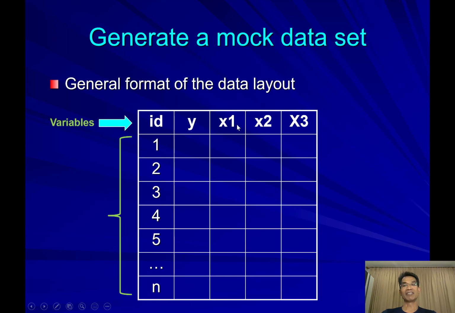It depends on the research question. So the general format is like this: the first row is the variables, and the subsequent rows are the data records. We have n rows of these.